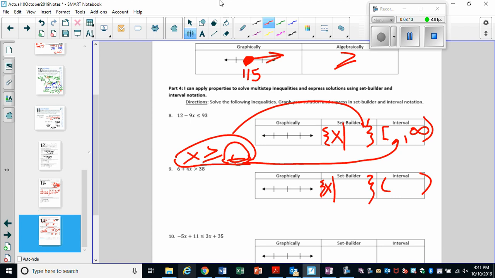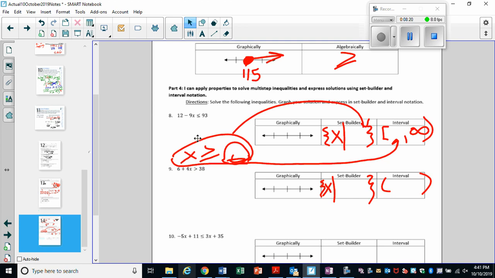Now for number 9, similar to number 8, the only difference now is we have just the plain old greater than symbol. So the question is, do we use a closed or open circle? Similarly to number 8, solve for the inequality algebraically.